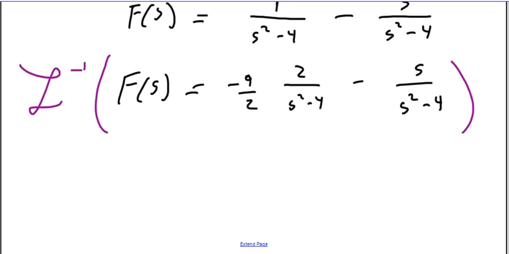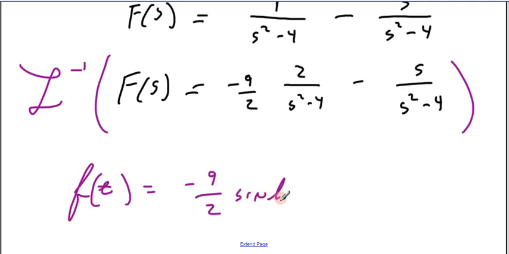The hyperbolic sine and cosine guys are in your book in table 7.1.2, or figure 7.1.2, not on the sheet I gave you, I don't think. So f of t is going to be minus 9 over 2 hyperbolic sine of 2t minus hyperbolic cosine of 2t.